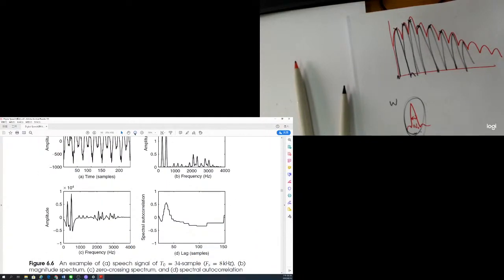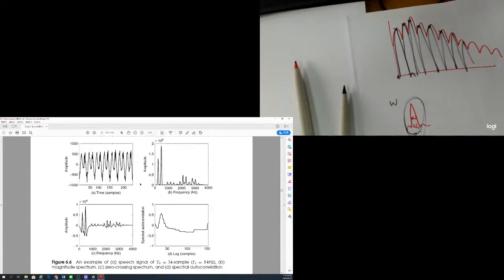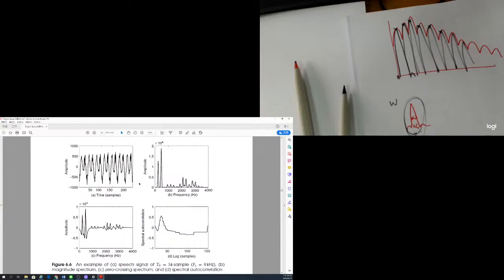Okay, I'll make it smaller. So you can see here, we have a speech signal. The speech frame is only 34. This one is a short spectrum because the window size is smaller.